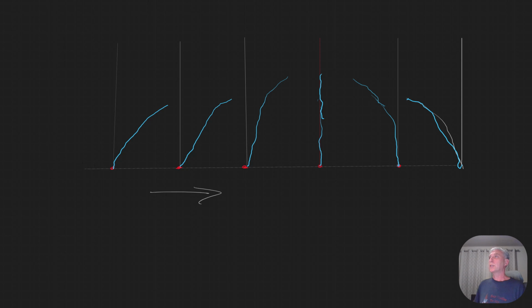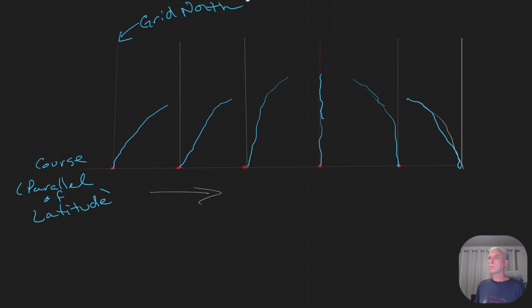So these white lines are grid north. And here's our course, which in this case is along a parallel of latitude, just for simplicity. And we're moving that direction. And these lines then are geodetic north.